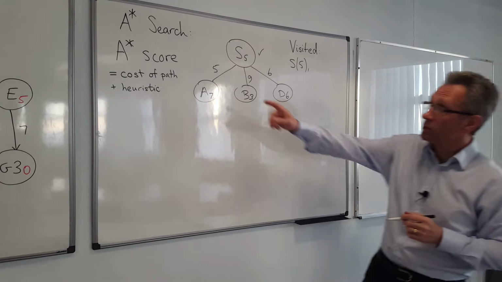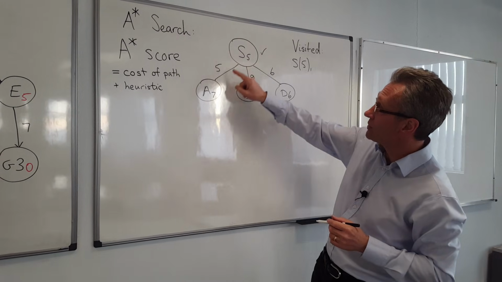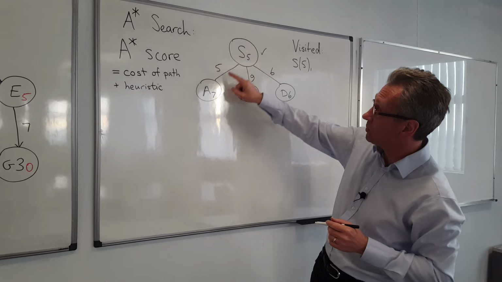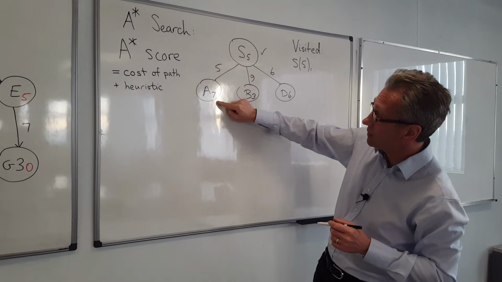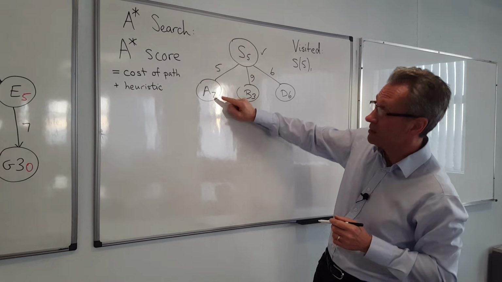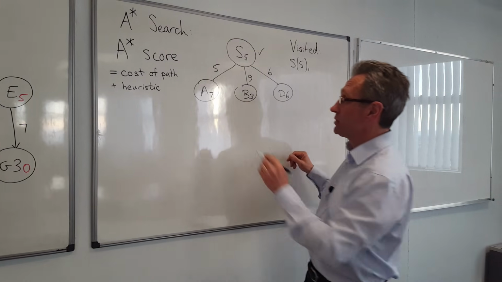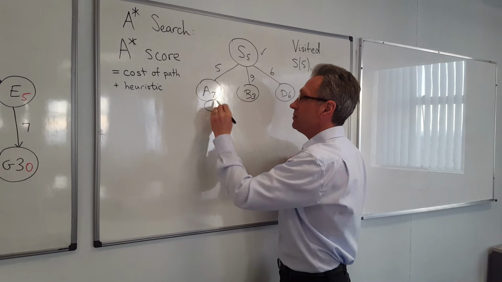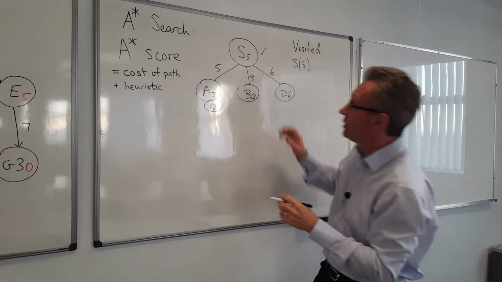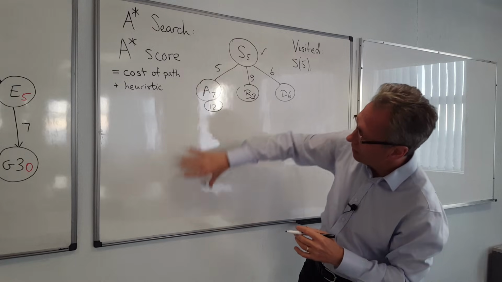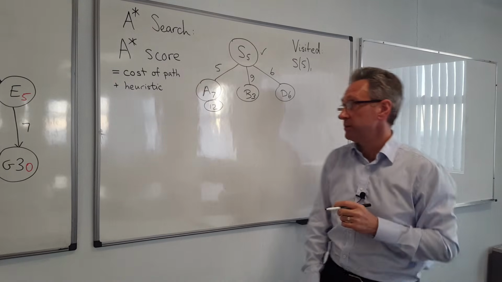So the A* score is the cost of the path so far, so that for this one that's 5, plus the cost of the heuristic measure, so that's an estimate of how far it's still to go to get to the goal state, and that gives you an estimate of what the total cost of this path is going to be once it's actually got down to a goal state.